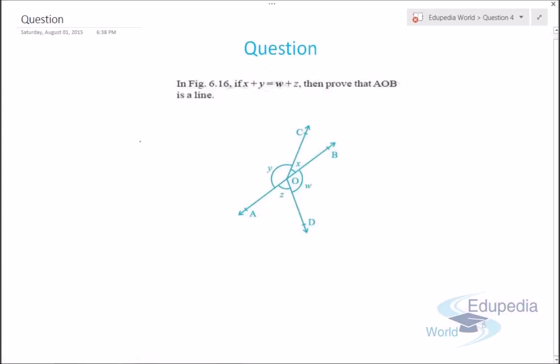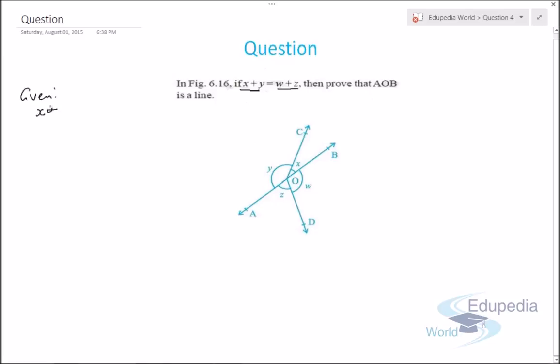Now this question says that in the figure, if x plus y equals w plus z, then we have to prove that AOB is a straight line. Means we have to prove that AOB is a straight line. So let's see how we can do this.